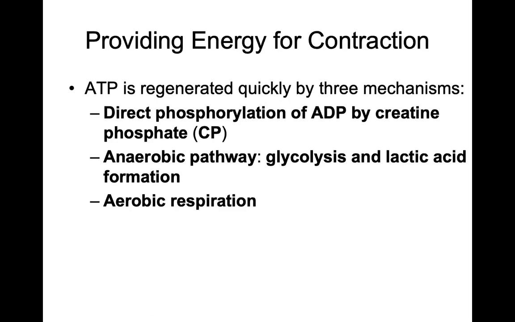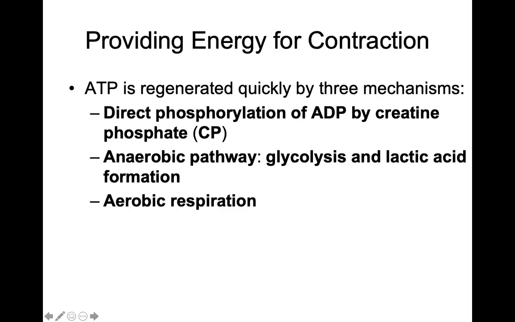Now, we'll talk about glycolysis in detail when we talk about metabolism later on. But right now, what I want you guys to understand is that if your body is doing an anaerobic process, that is the process of glycolysis, and it does create lactic acid throughout the process as it is producing that extra ATP.